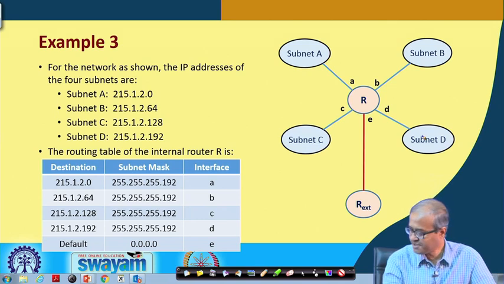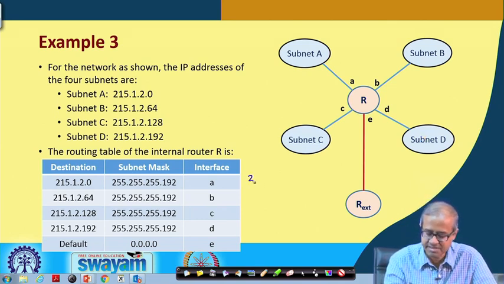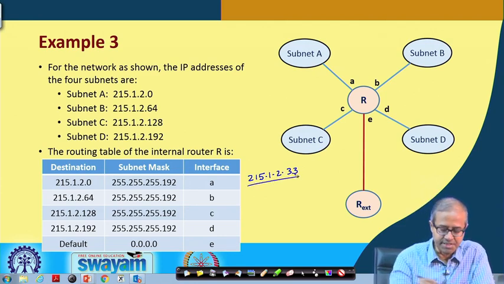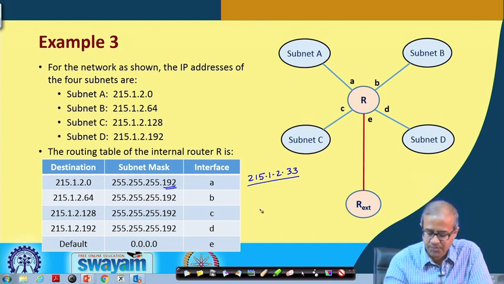The first IP address which is coming is 215.1.2.33. Let us make a check in this routing table one by one. The subnet mask of all of them is 192 in the last byte. What is 192? The first 2 bits are 1, the rest are all 0.